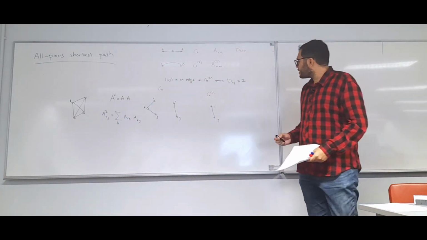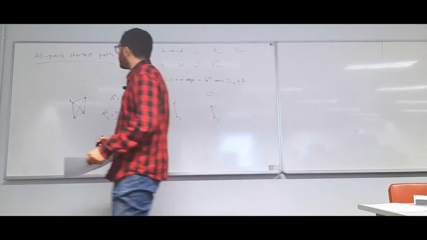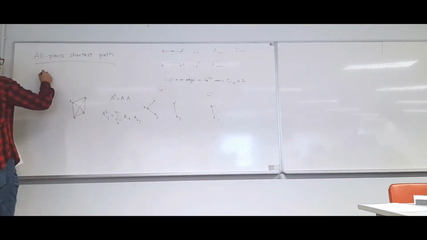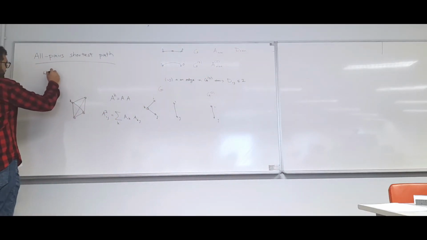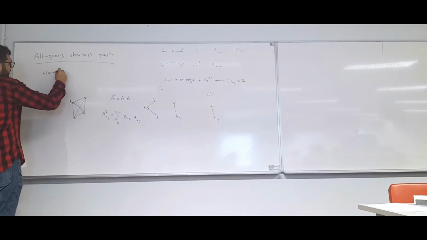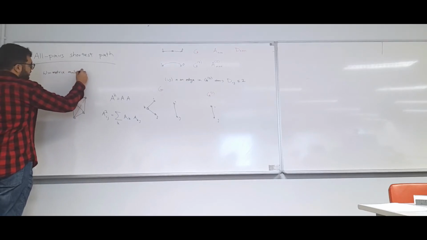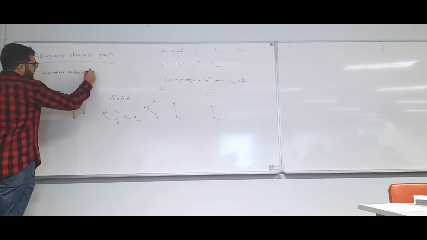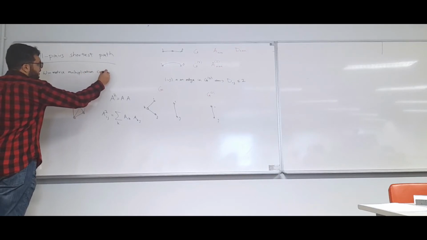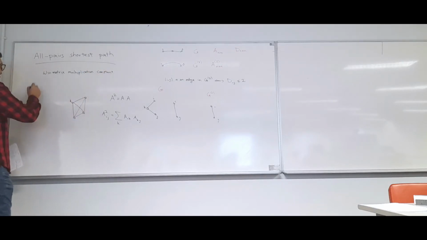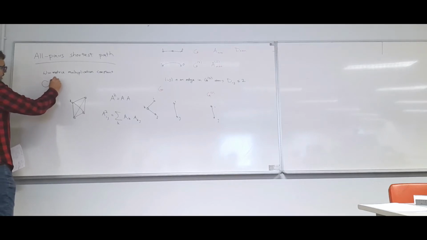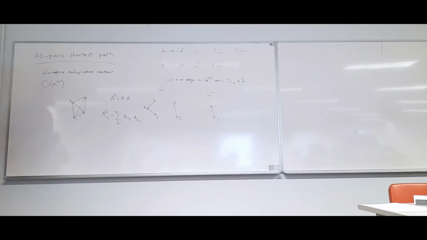And there is this concept of omega, which is the matrix multiplication constant. So this omega is the matrix multiplication constant. And the way it's defined is that it's the smallest value such that you can do matrix multiplication in n to the power of omega.